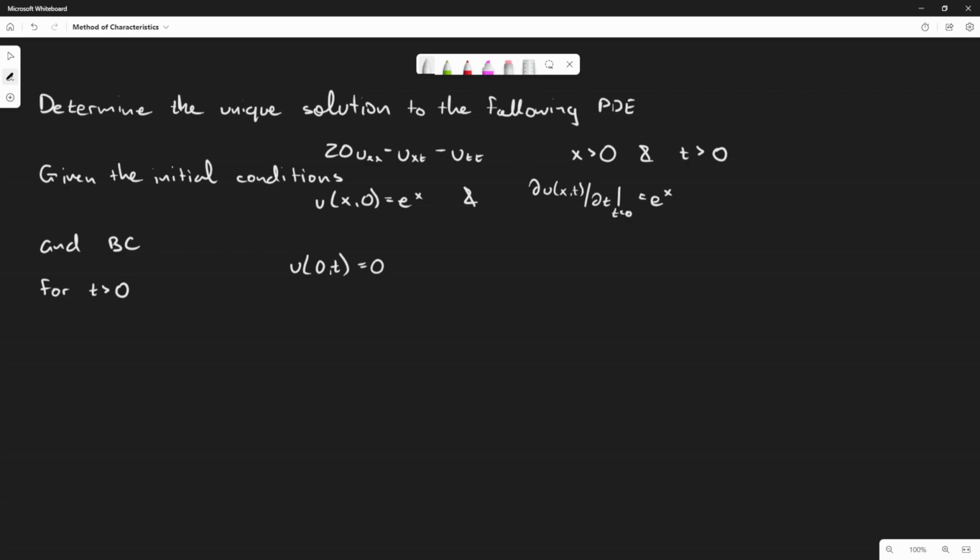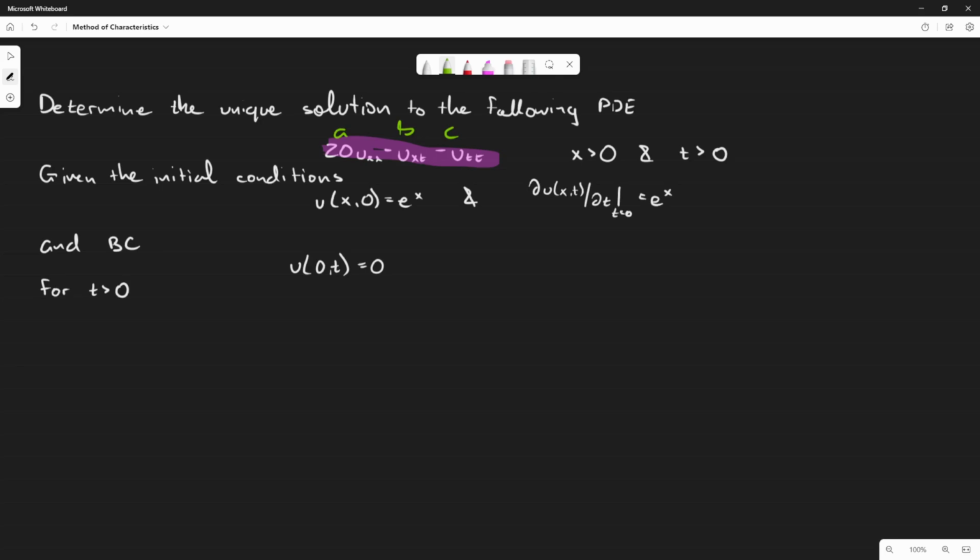A nice little trick when solving a PDE using the method of characteristics is that it is really simple to find the general solution. The way we'll do that is to look at our table of special cases, where if we're given a PDE in this form specifically, then we can identify what A, B, and C are.